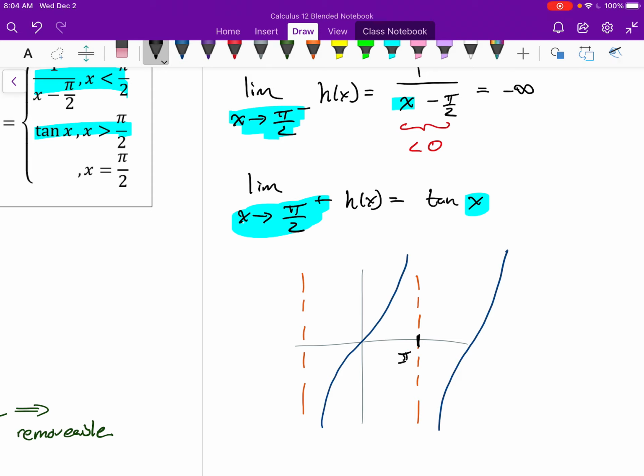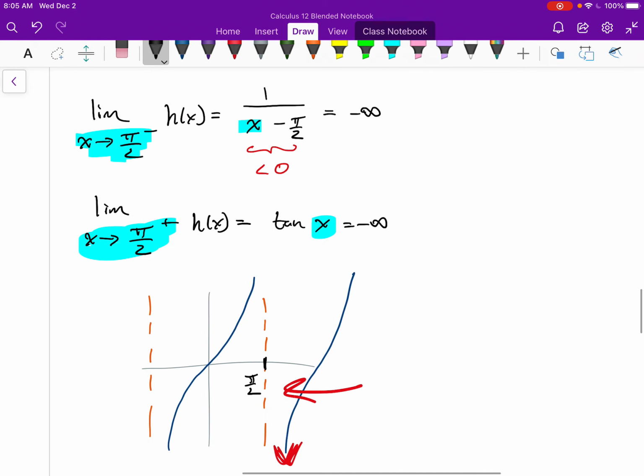Right here is pi over 2, though. So I want to think now what's happening as I approach pi over 2 from the right. Well, as I approach from the right, I can just see from visualizing this graph that it's getting infinitely negative. So the limit of tan of x as I approach pi over 2 from the right must also be negative infinity.